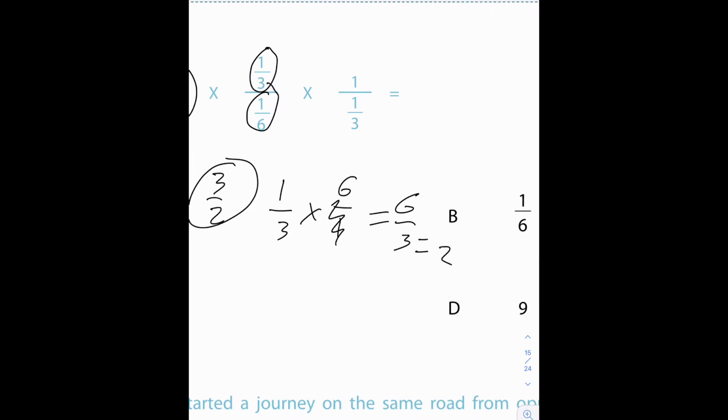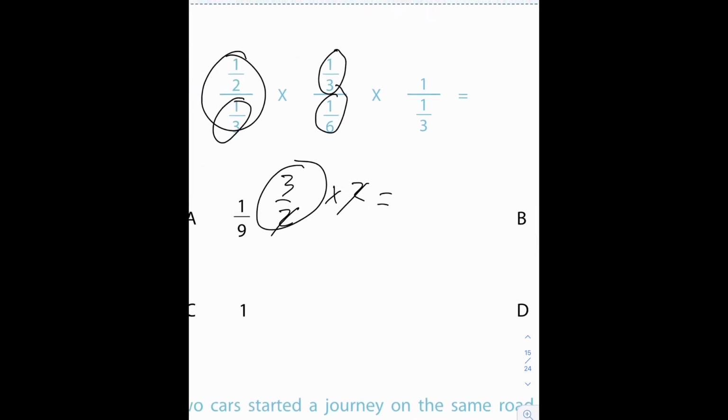Okay, so then let's clean up. We have 3 over 2 being multiplied by 2. Now, did you notice something here? 2 and 2, they cancel each other out. So we got 3.